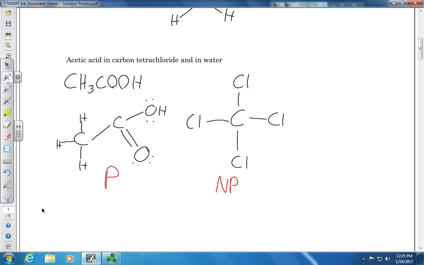Water, as we saw before, is a polar molecule, so we're just going to put a P over here. So acetic acid would dissolve in water, but not in carbon tetrachloride, which makes sense because acetic acid is what you find in vinegar, and vinegar is soluble in water. So in general, these are the things that you want to look out for when determining which solutes are soluble in which solvent.